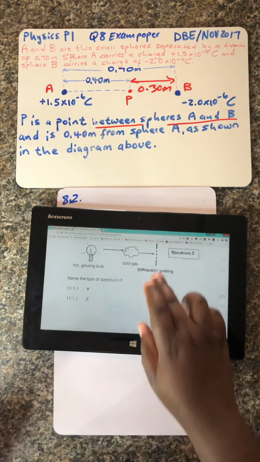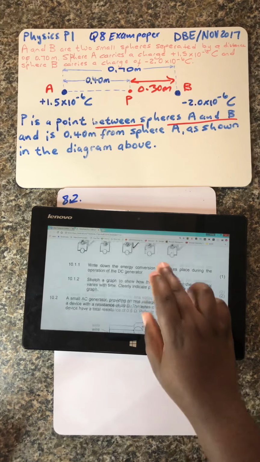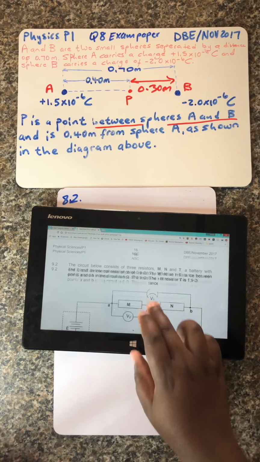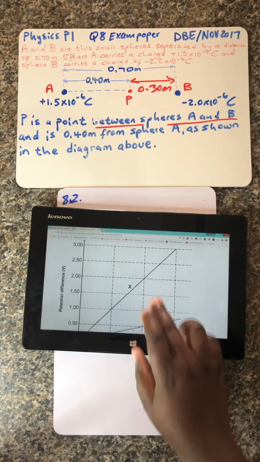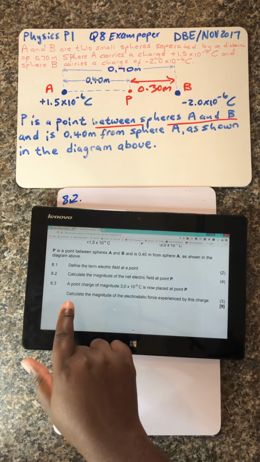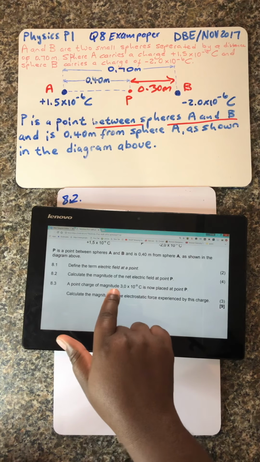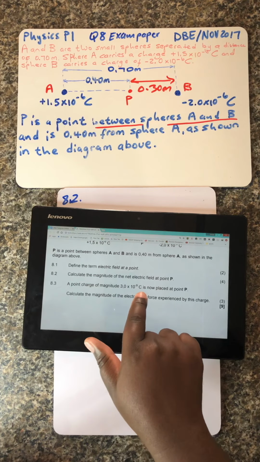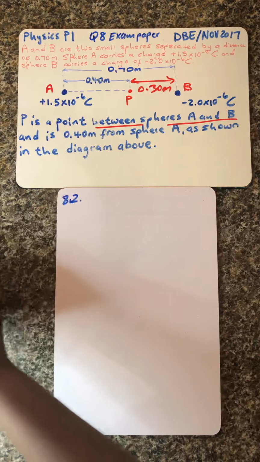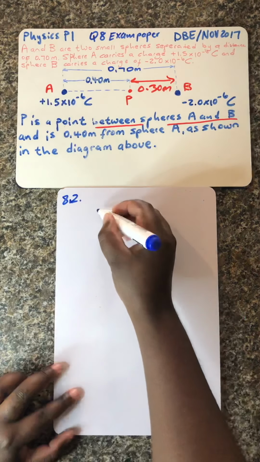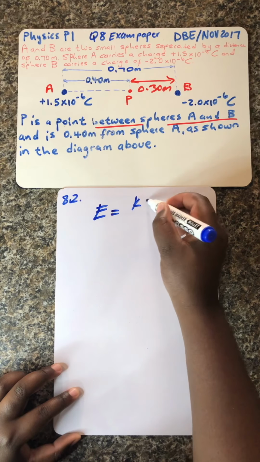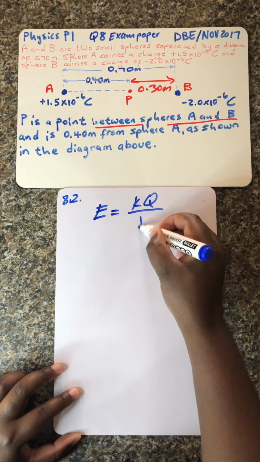So guys, let's quickly go back to our question. I'll read the question for the last time and straight away start with the first question. They say calculate the magnitude of the net electric field at point P. Obviously this is the formula which is relevant to this question.